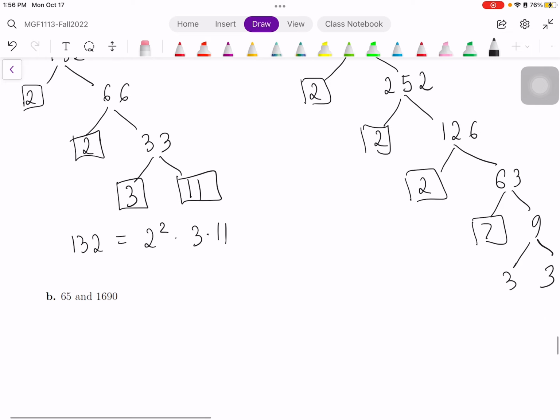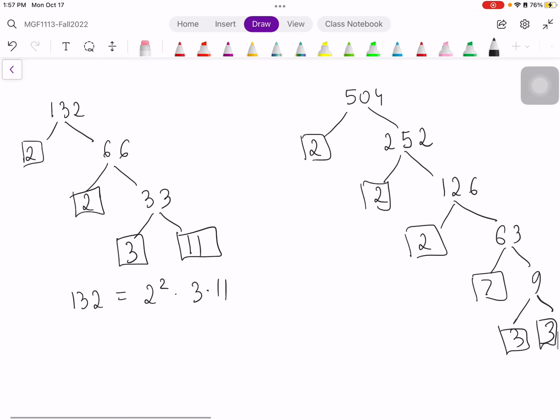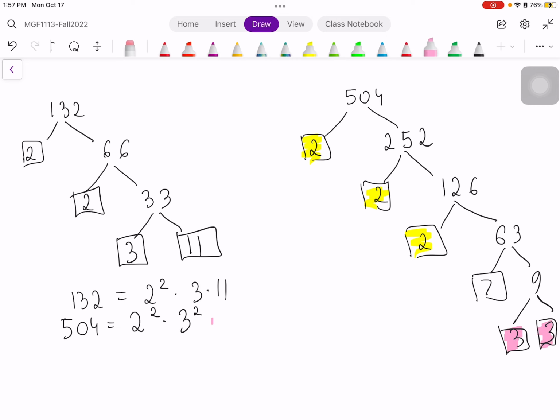So I'm splitting into prime factors. That means the prime factorization for that would be 2 to the power 3, because I have 3 factors of 2, then 3 squared, 3 times 3, those two 3s, and 7.